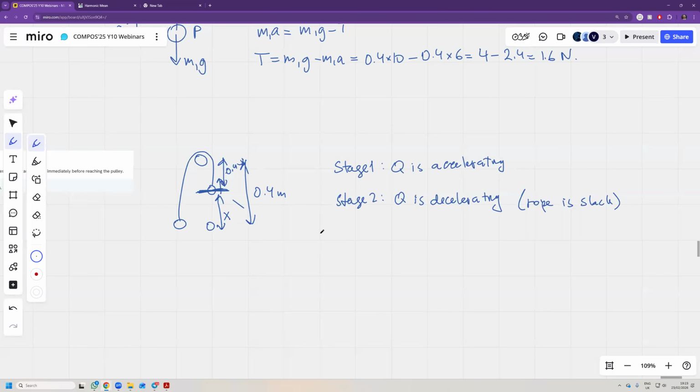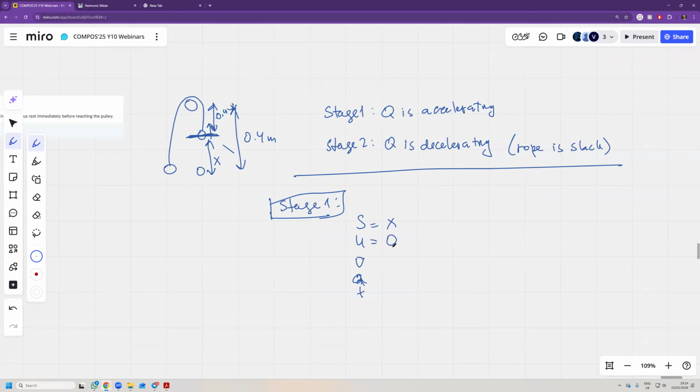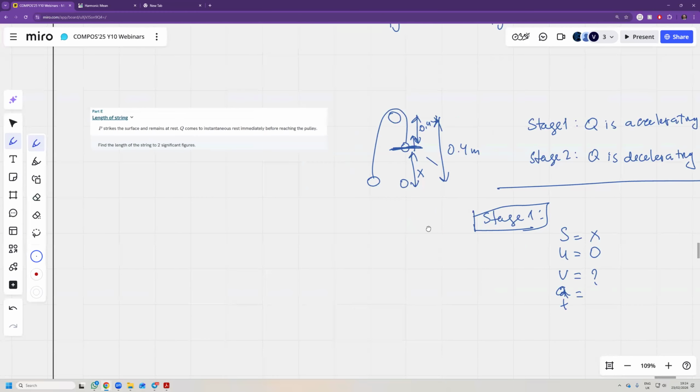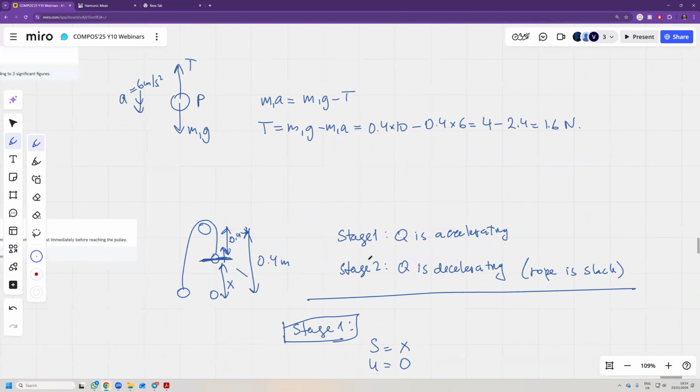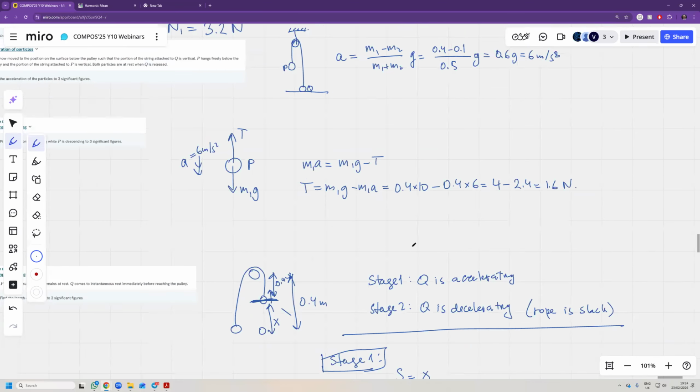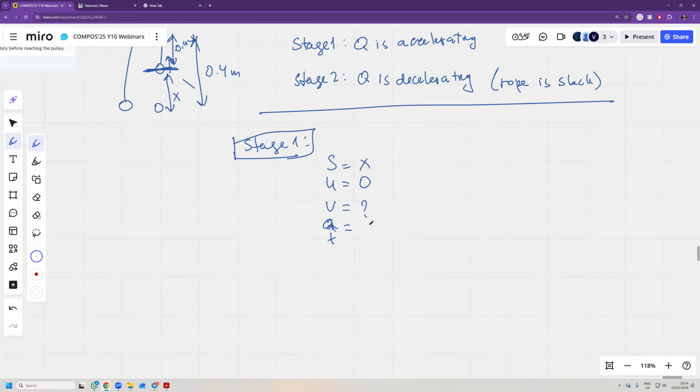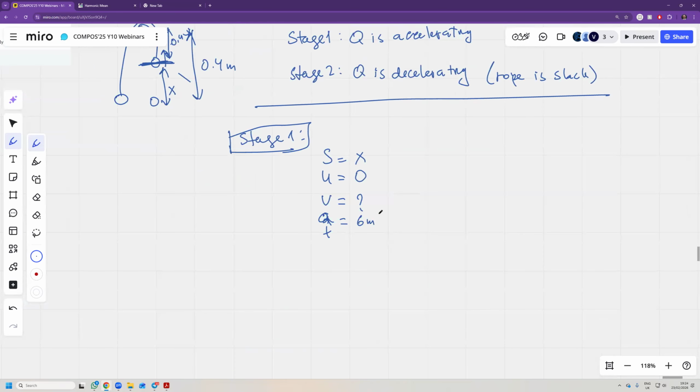All right, so stage one of motion of Q. It's a suvat. Displacement is x, which we don't know. Initial velocity is 0. Final velocity we don't know. And acceleration we do know: 6 meters per second squared.